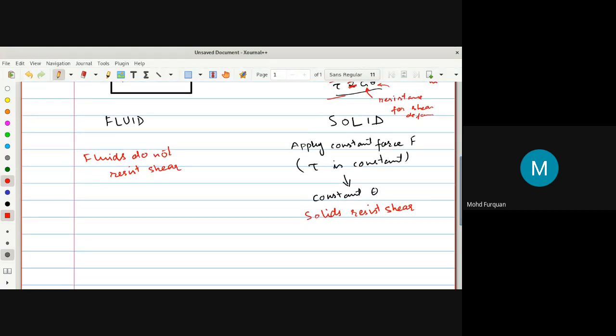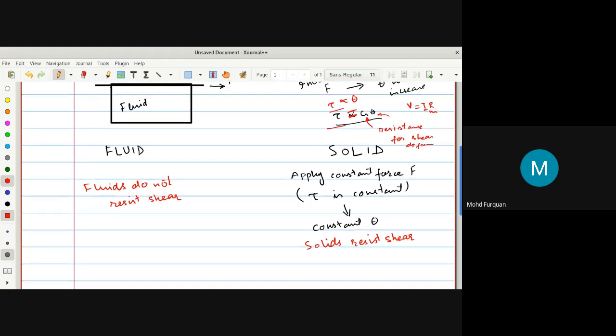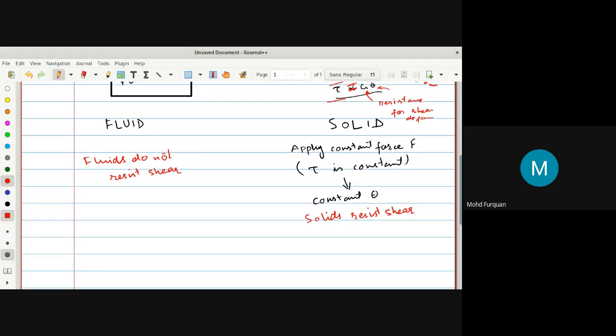Another thing to note is that any small shear stress generates large strain. Why?